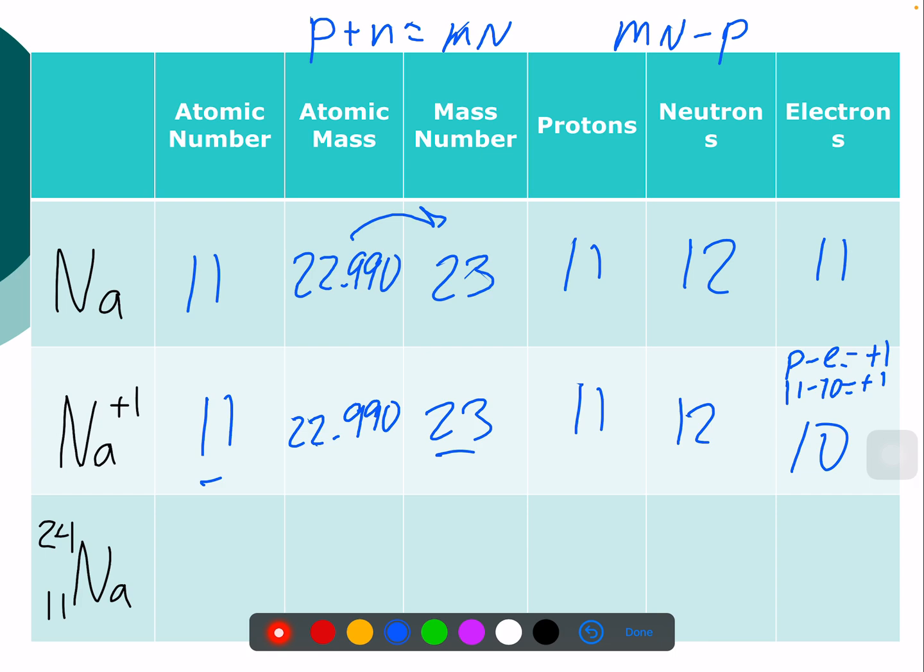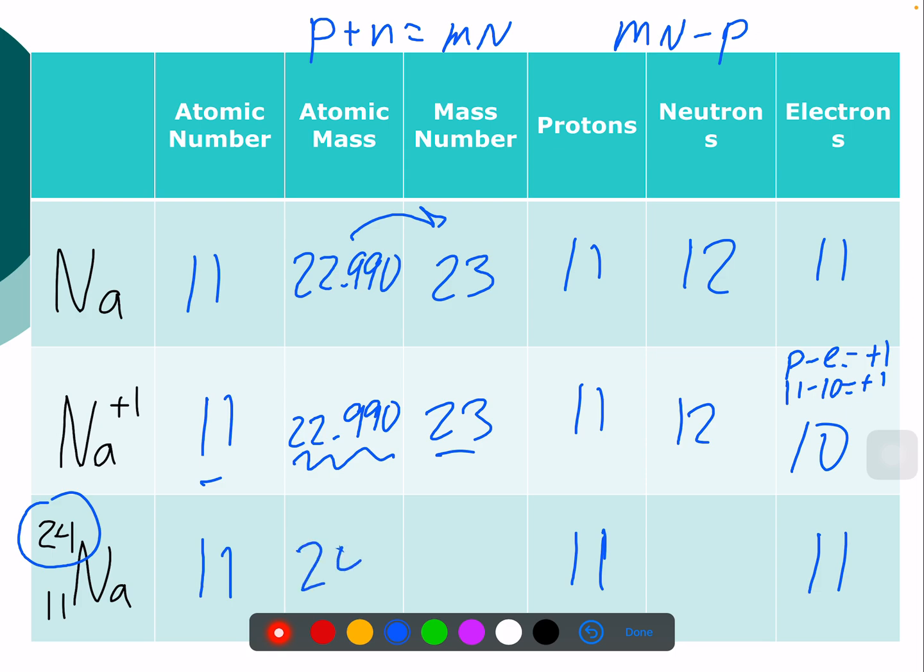And our last one, it's still sodium, so it's still 11 and 11. Notice that there's no charge here, so that's an atom, so the number of electrons equals the number of protons. And then our atomic mass, this rounded number, this 24, takes precedence over this 22.99.